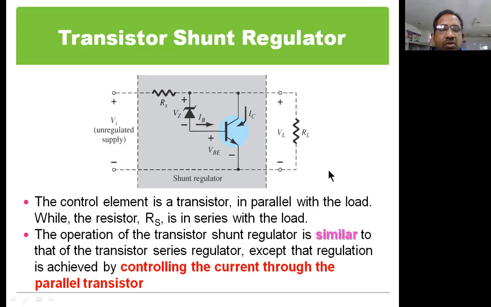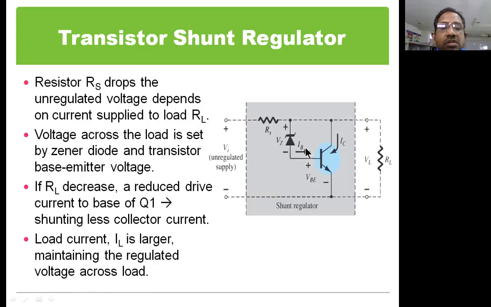This is the basic logic. So why do we call this a shunt regulator? Because the transistor is connected in shunt to the load, we simply call it a shunt regulator circuit. So this is the basic operation.